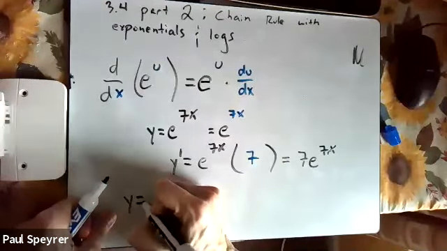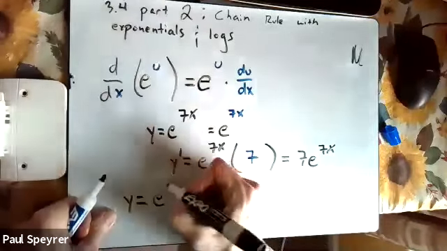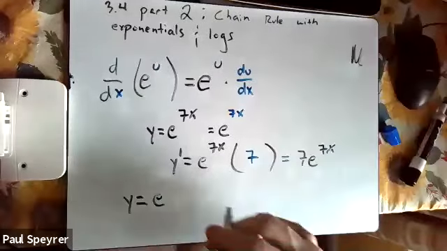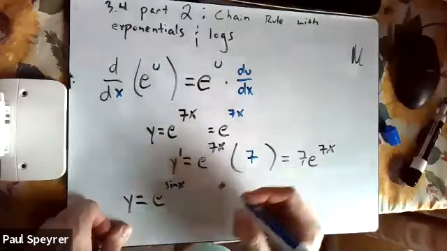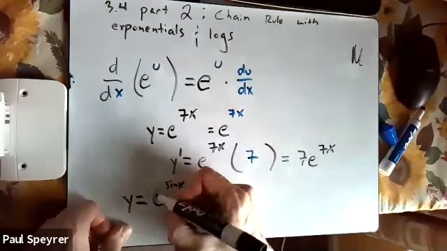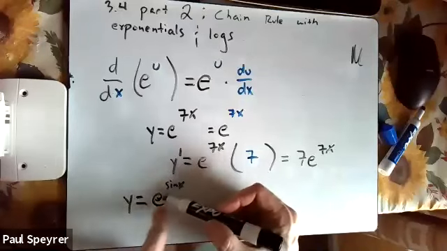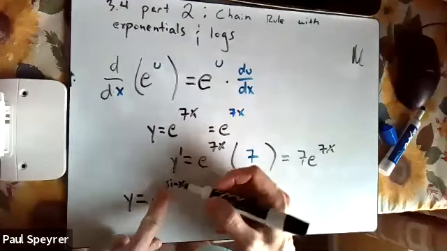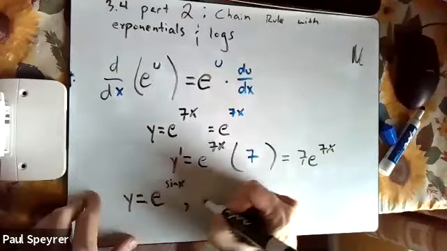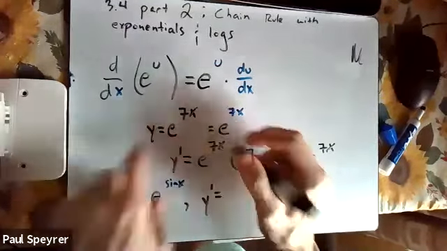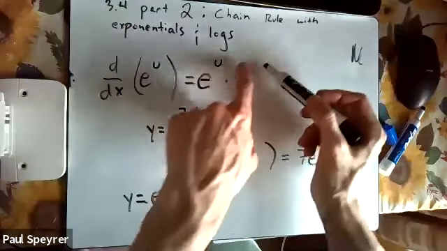Like if we have y equals e to the sine of x, for example. It's still the chain rule. Why? Because you have one function trapped inside of the other. You have that sine x trapped inside the e component. Now, what do we do for y prime? Well, follow the formula. It says the derivative of e to the u is e to the u times du dx.